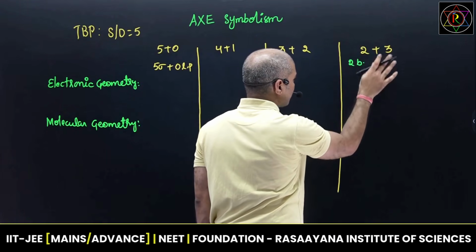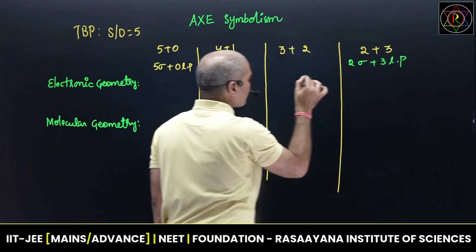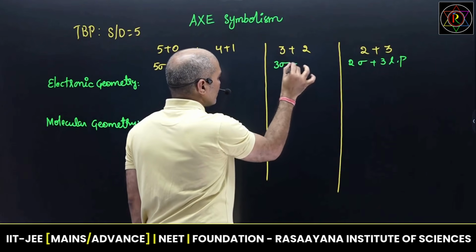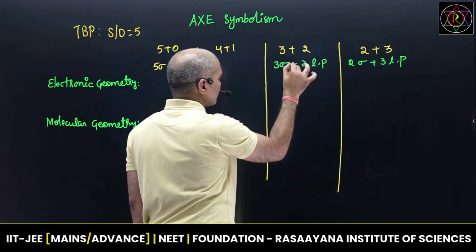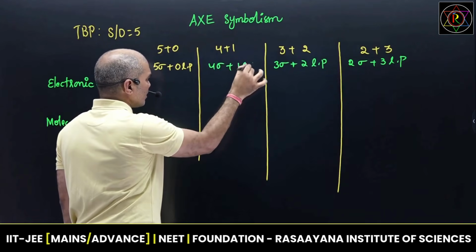That is, 2 bond pairs or 2 sigma, 3 lone pairs; 3 sigma, 2 lone pairs; 4 sigma, 1 lone pair.